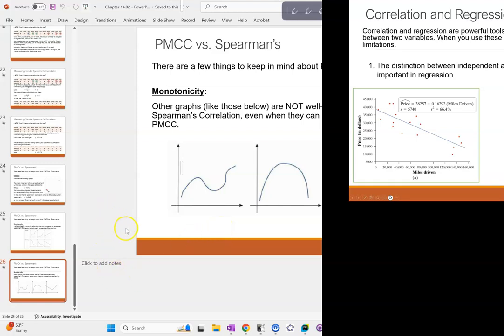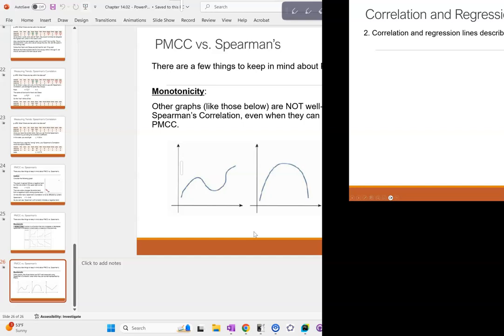If I switch this and put the miles on the y-axis and the price on the x-axis, notice that the equation for my best fit line has changed pretty dramatically, but that R squared value stays exactly the same, right? That R is independent of which variable is x and which is y. That's what I'm illustrating here.